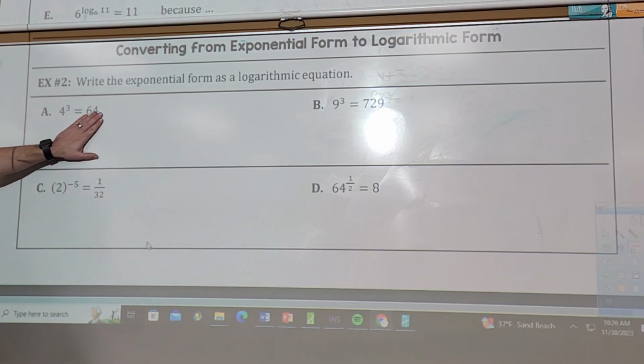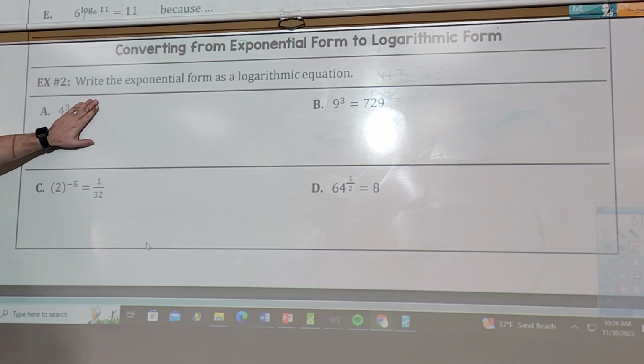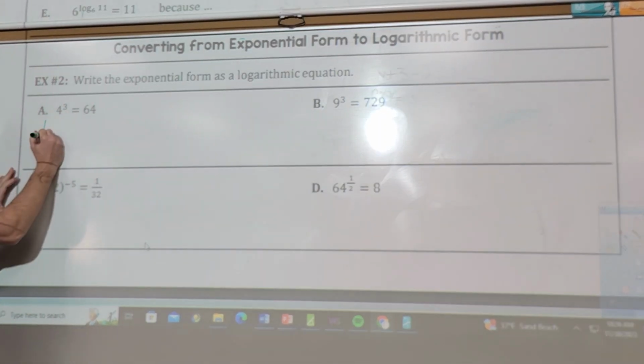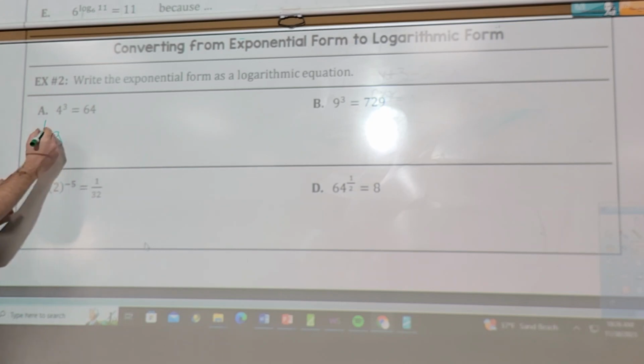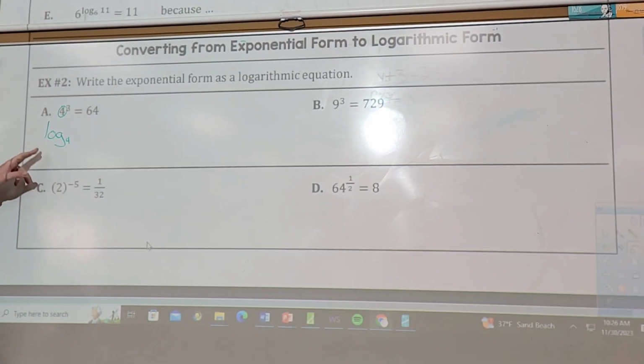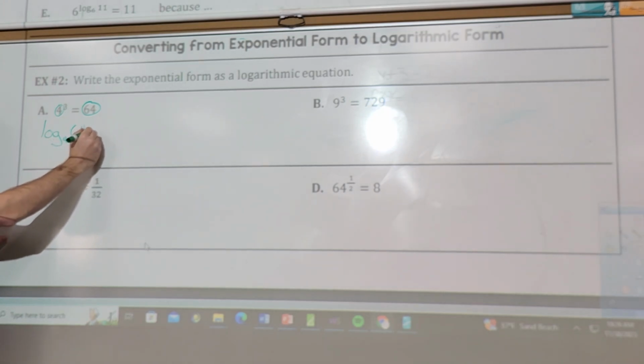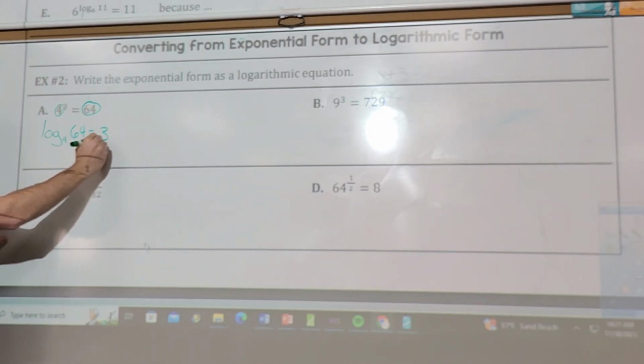All right. Can I rewrite this as a log? So, it's log of my base, right? You always put your base there. Then I put what it equals there, equals my power.